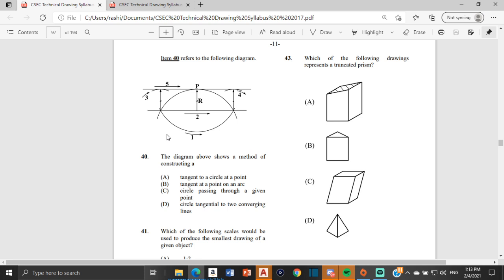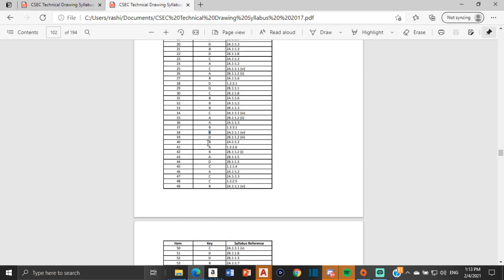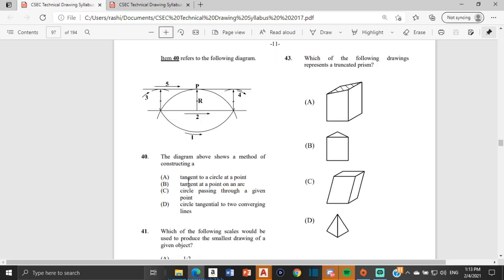Is it D, circle tangential to two converging lines? All right, so for number 40, the answer is B. And B says tangent to a point on an arc. So this is our arc right here. This is the point on the arc, and we're trying to construct a tangent to that point on the arc. All right, so the answer would be B.